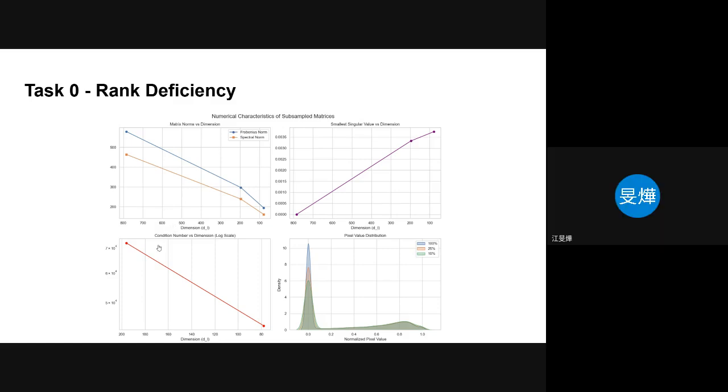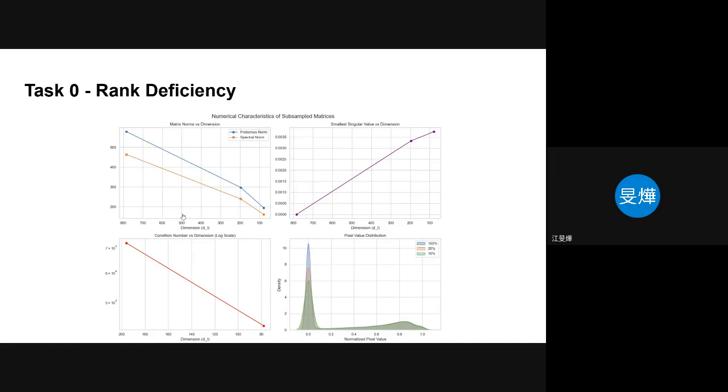However, look at what happened when we subsample down to 25% and 10%. The condition number drops to around 40,000, and throwing away 90% of our data actually improved the matrix condition. So by dropping the pixels, we accidentally filtered out the useless background noise, I think, allowing the matrix to become full rank again.